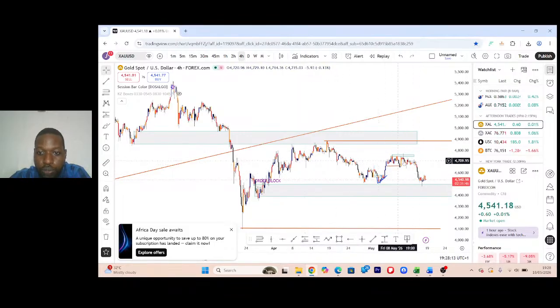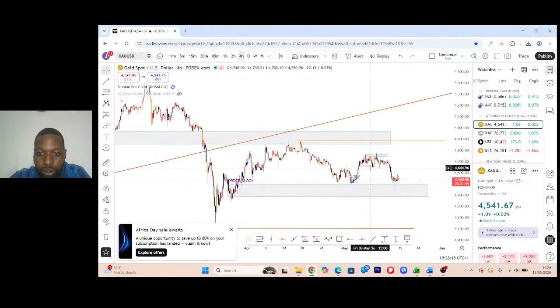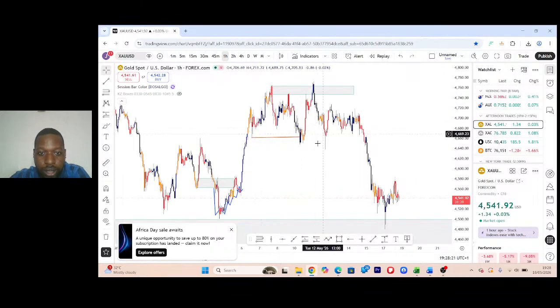If we're looking for a selling position, let's go to the 1 hour time frame. We either sell from this place, or we wait for price to come to this level here.